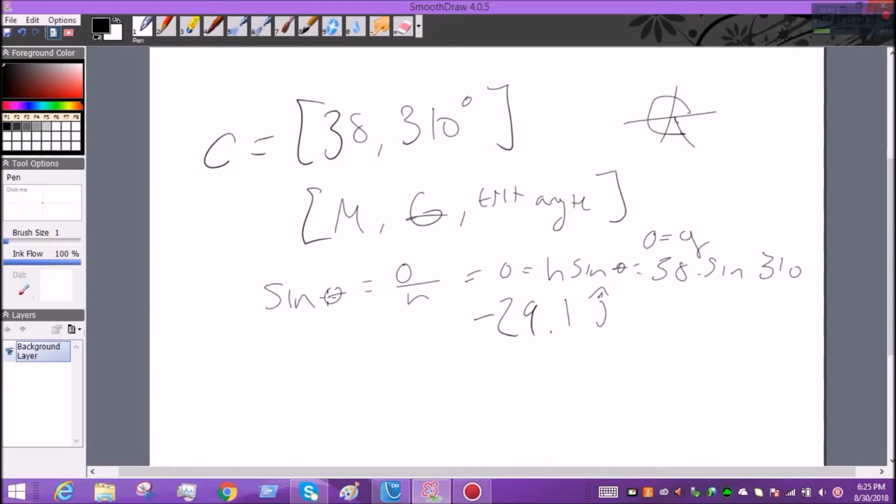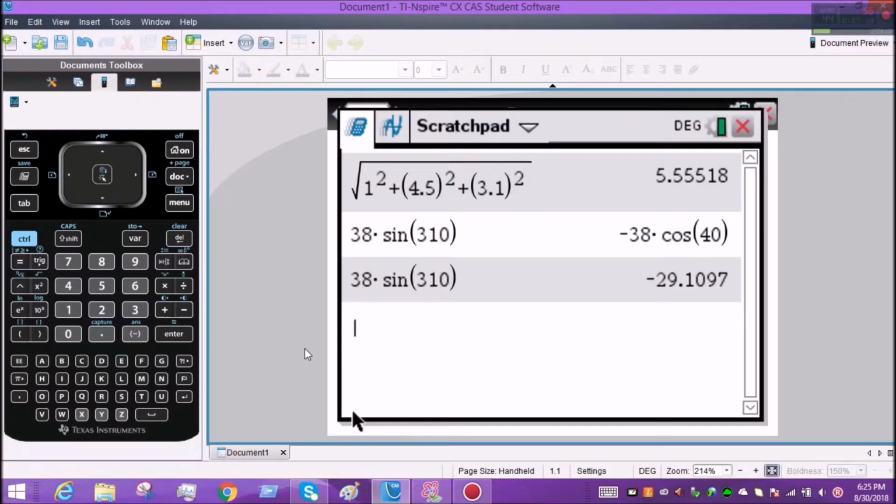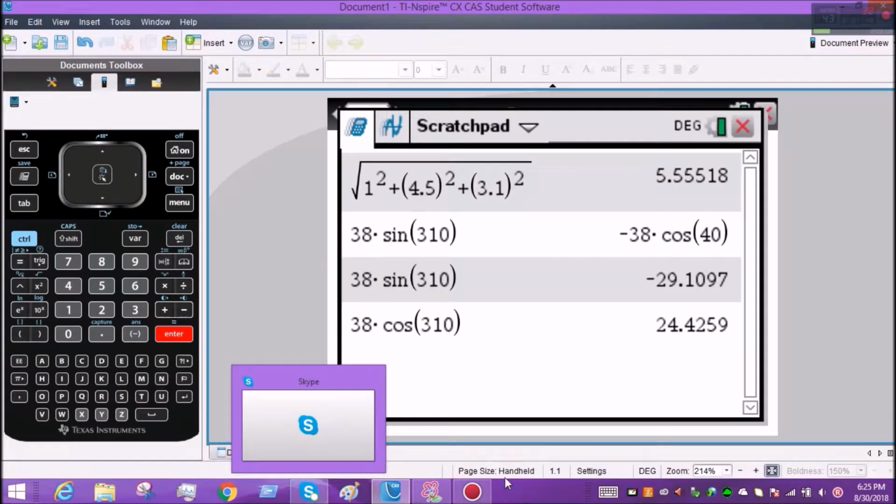So that's our j, and then to solve for x, we essentially do the same thing. We know that cosine of theta equals adjacent over hypotenuse, and we do the same process. So 38 times cosine of 310, and we go over to our calculator, and that gives us 24.43.